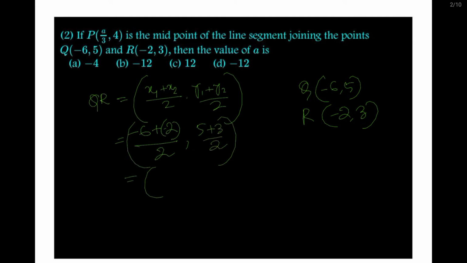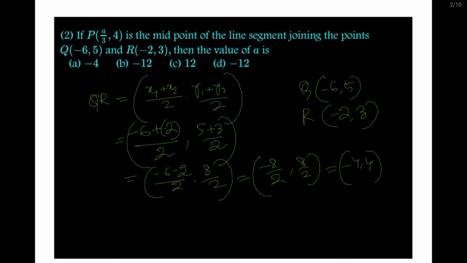This is -8 divided by 2 and 8 divided by 2, so we get it as (-4, 4). So the midpoint of QR is found as this point.